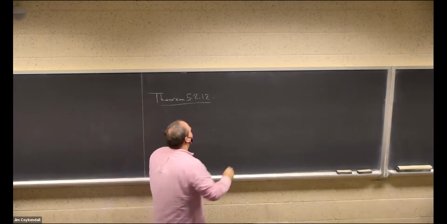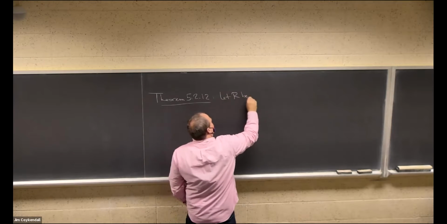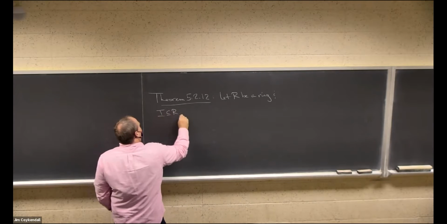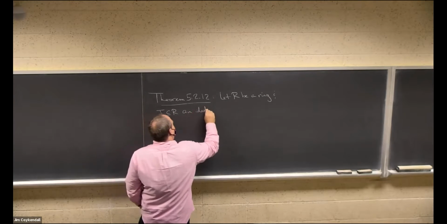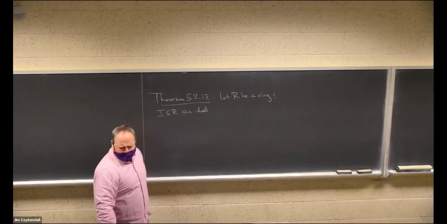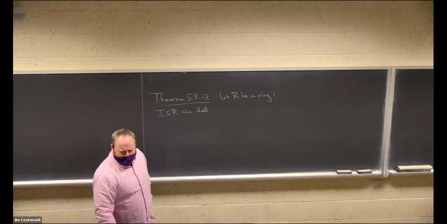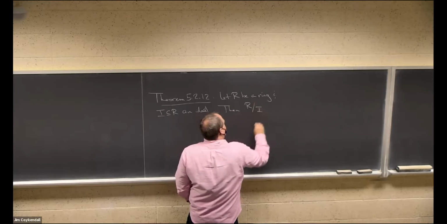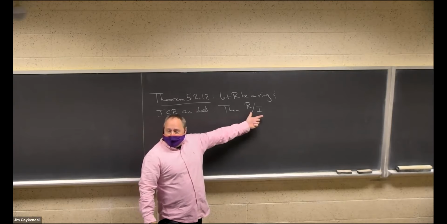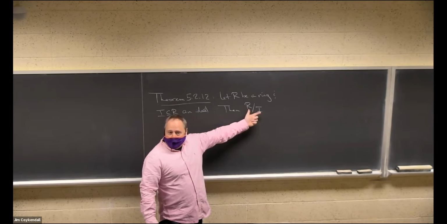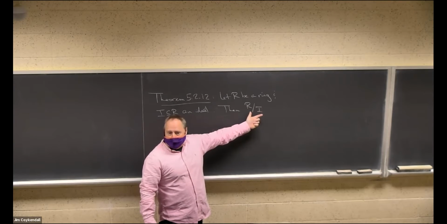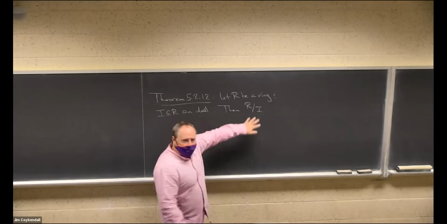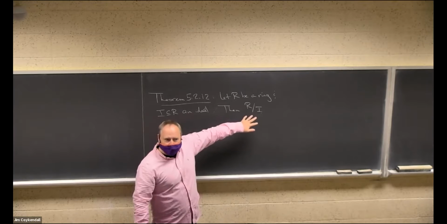Let R be a ring and I an ideal of R. In the quotient group, by the way, remember a ring is first and foremost a group, and in fact, it's first and foremost an abelian group under addition. So any ideal I is a normal subgroup. So I know what this is. I'm all warm and fuzzy for this because this is just the quotient group.